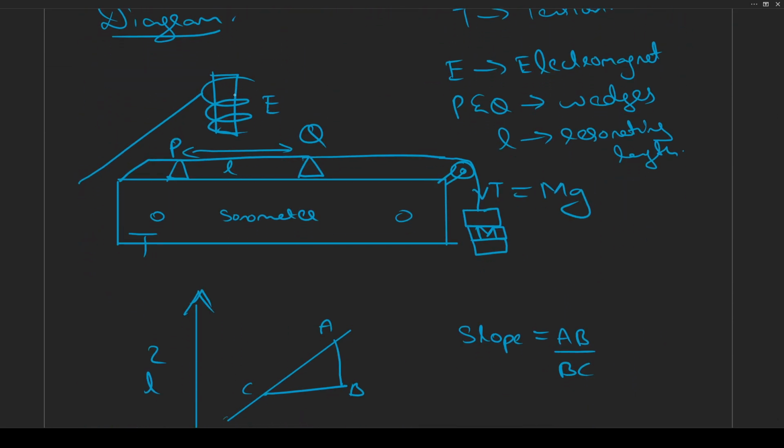An electromagnet is when we coil a wire around a soft iron core.